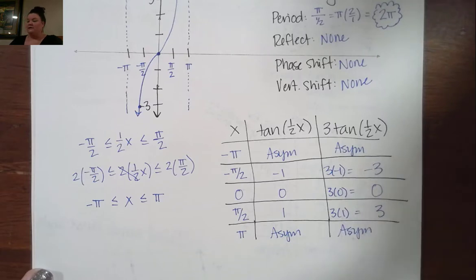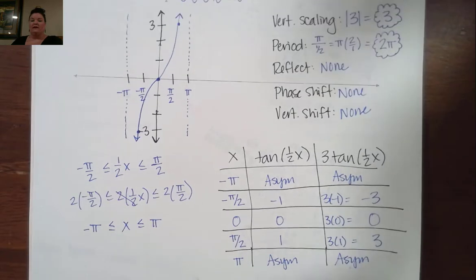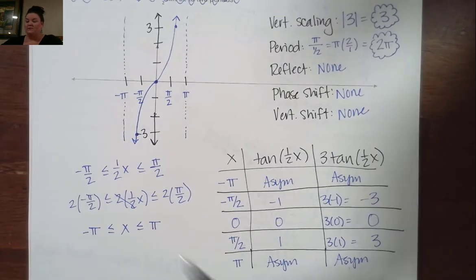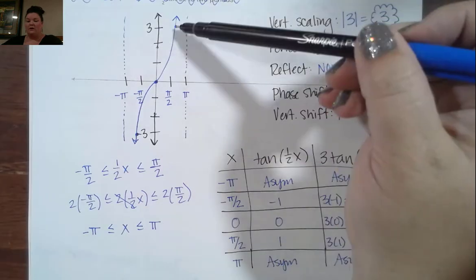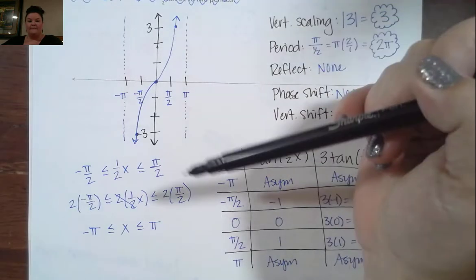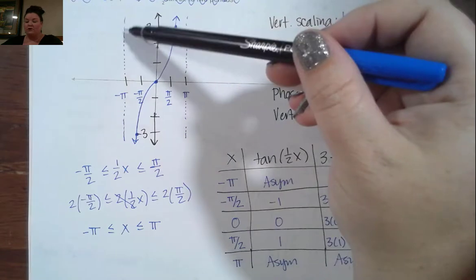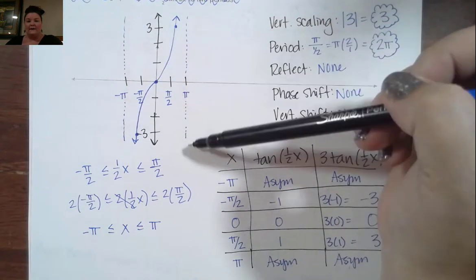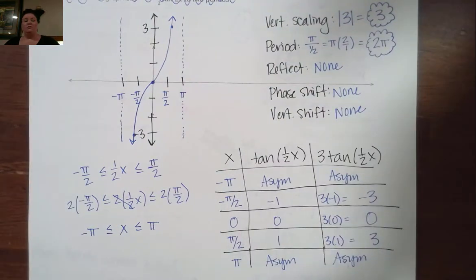So you can definitely see the vertical scaling when we plot our points. It did get stretched because now it's going from -3 to 0 up to +3. Okay? Make sure you draw in your dotted lines where your asymptotes belong. Okay? All right, so hopefully that wasn't too bad. So that's tangent. Same process, just shorter period, right? And we say vertical scaling instead of amplitude.